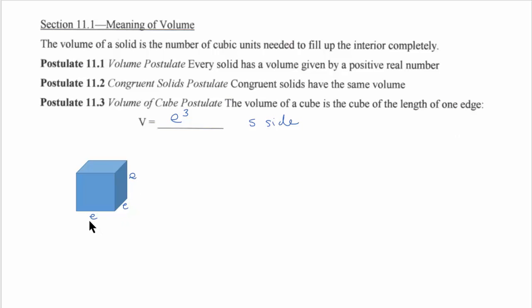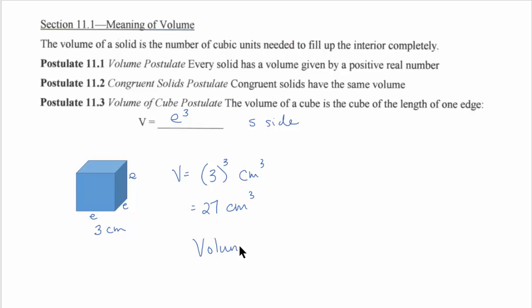You've learned before that to find the volume of a box, it's length times width times height, but in geometry, we call them edges. In a cube, they're all edges. So if the edge were 3 centimeters, then the volume would be 3 cubed centimeters cubed, which would be 27 cubic centimeters.